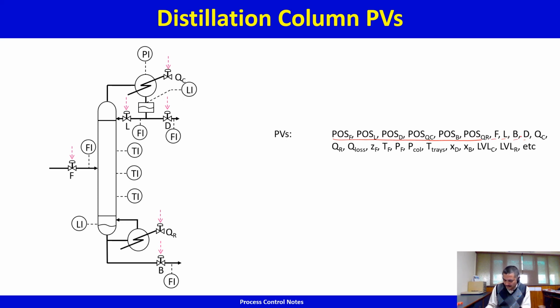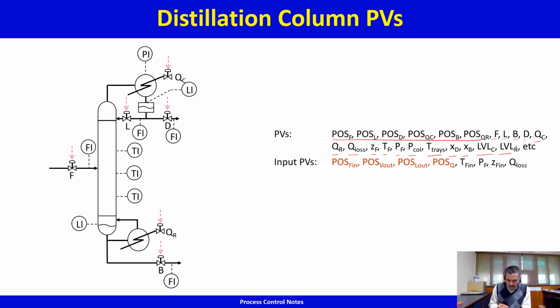These are process variables, and these are also measured. The heat removed in the condenser, the heat given in the reboiler, the heat lost to the ambient, feed composition, temperature of the feed, pressure of the feed, pressure of the column, temperature of the trays, distillate mole fraction, bottoms mole fraction, level in the reflux drum or condenser, level in the reboiler, etc. There's all kinds of process variables.